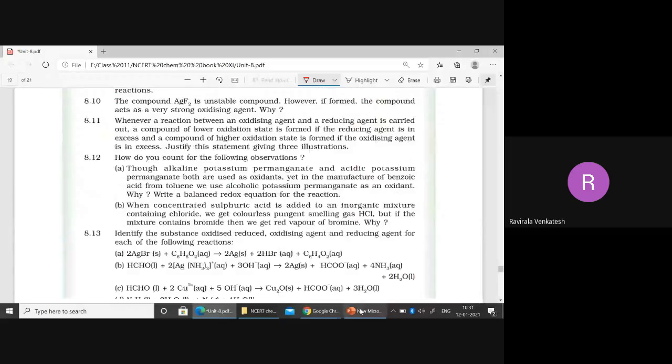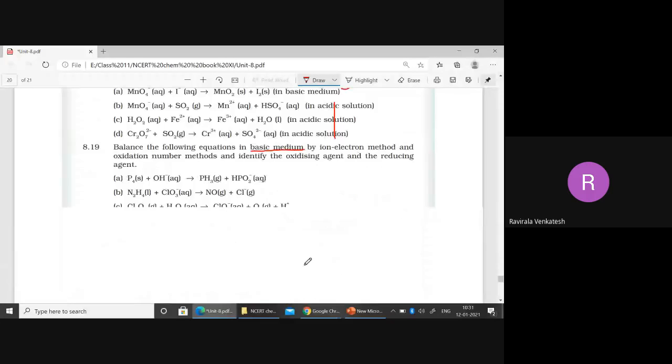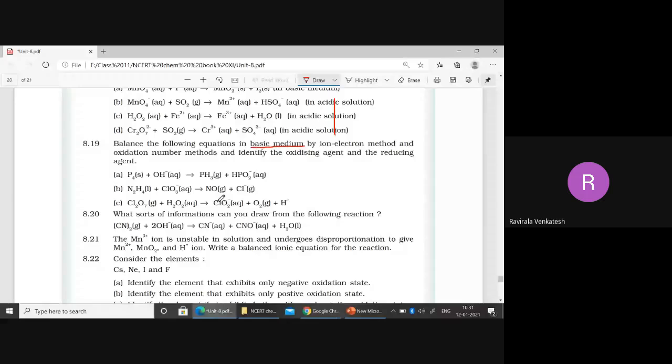Right? Now I will take one balancing of chemical reaction now. One balancing of chemical reaction.